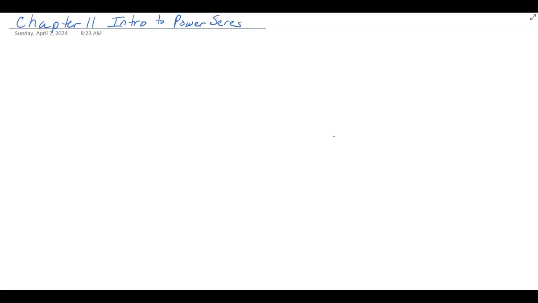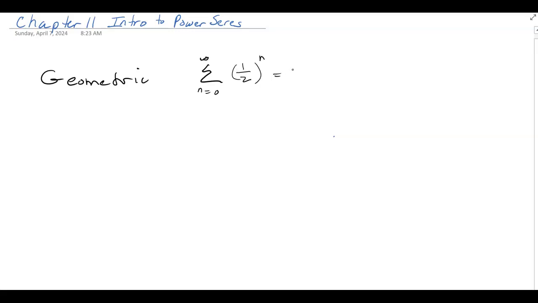So to do that, we're going to start with a series that you've already worked with, the geometric. So you know the basic geometric series. If I have the summation of, say, n going from 0 to infinity of, let's just say, 1/2 to the n, what exactly does that look like?